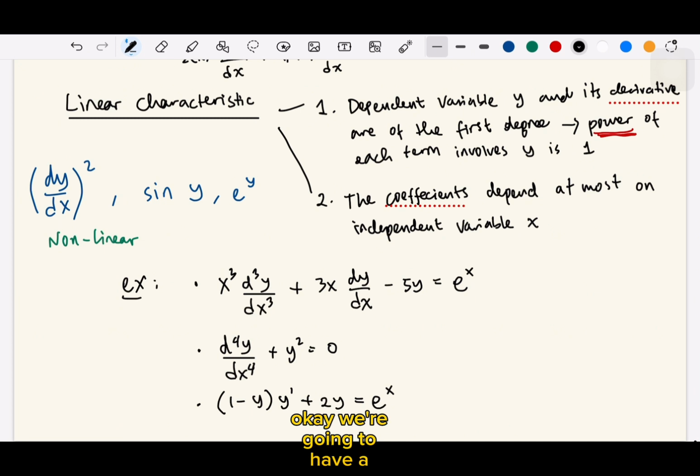Okay, we are going to have a break, and let's see if we can distinguish linear and nonlinear.